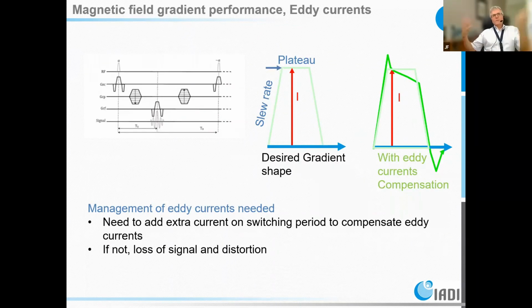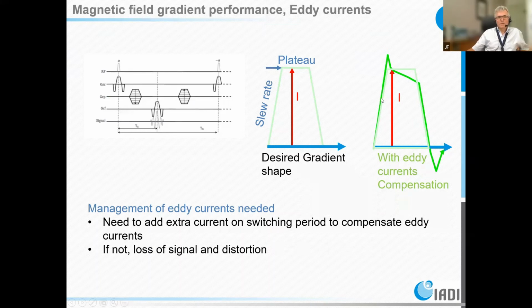So what I will explain here: if you apply the gradient, unfortunately, we do not get really what we want. If you apply this to the coil here, the system will go slowly up and slowly down. This is not good because we want to have a plateau here. In fact, what we need, after this drawing here, is to add what is called the eddy current compensation.